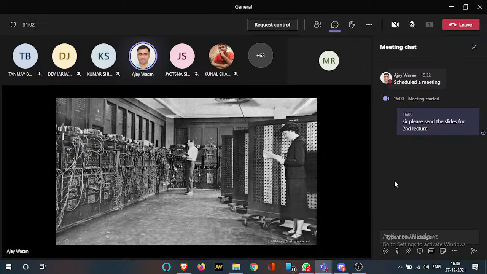It was made, I think, in 1946 at the University of Pennsylvania. And even if you search on the net, its name is ENIAC. You can find the first computer, ENIAC. You can see what a big size the computer was, a full room. Nowadays you have a desktop, much smaller than this and much faster than this, whatever you're seeing here in this picture.